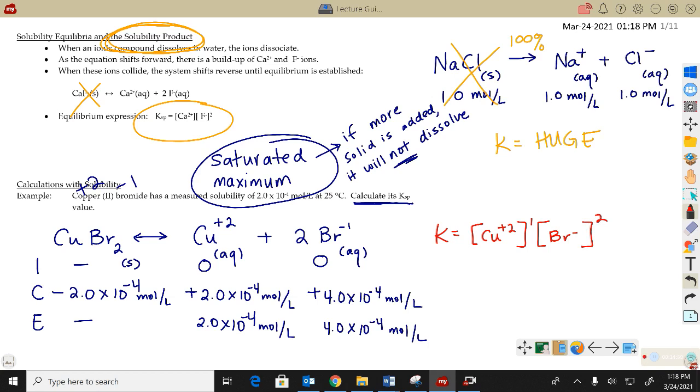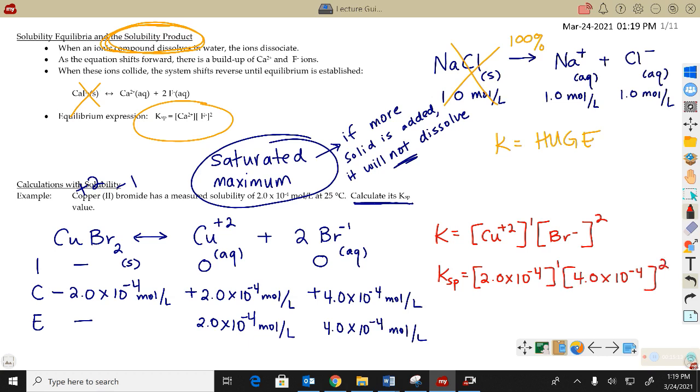Now, all you got to do is sub those numbers in. And then we're done. So we would just say K or KSP equals my copper 2 times 10 to the negative fourth to the first times my bromine 4 times 10 to the negative fourth.